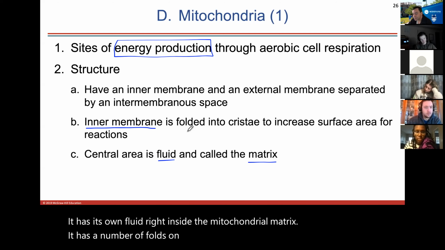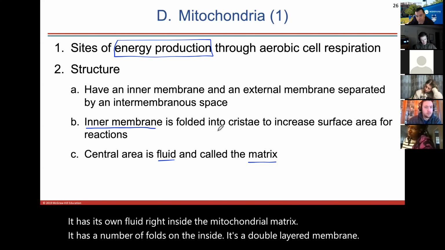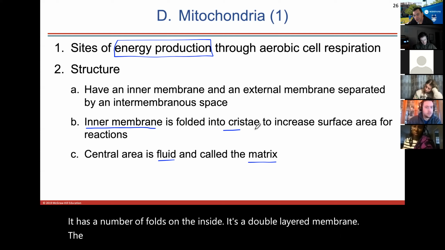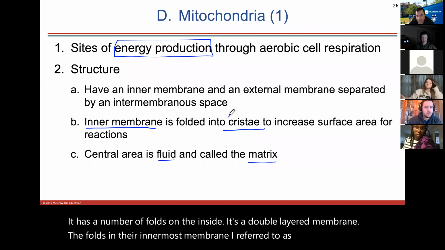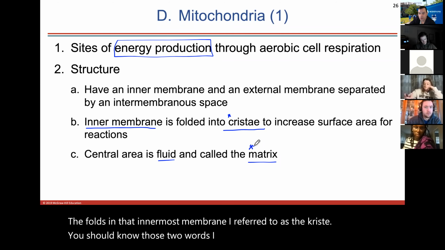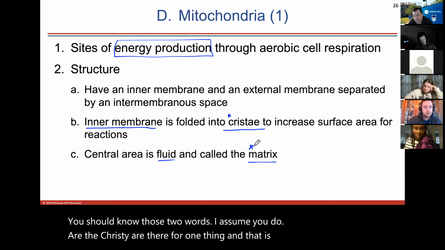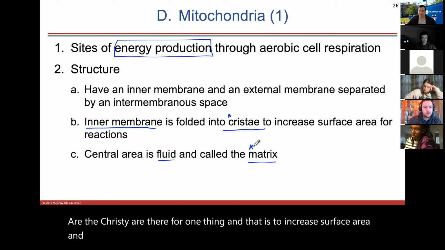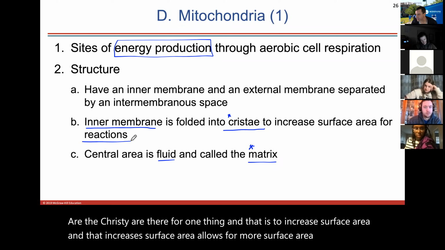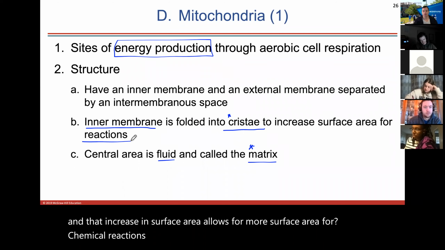It's a double-layered membrane. The folds in that innermost membrane are referred to as the cristae. You should know those two words. I assume you do. The cristae are there for one thing, and that is to increase surface area. And that increase in surface area allows for more surface area for chemical reactions to help make energy.